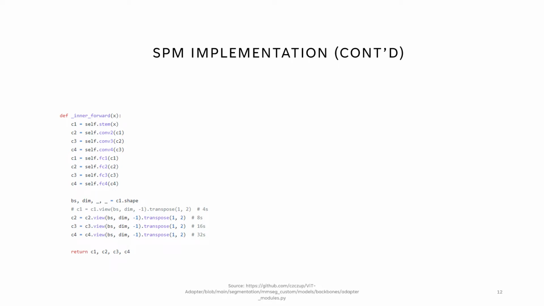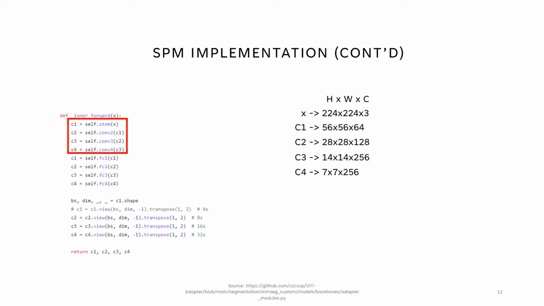Say the input x is 224 by 224 by 3. The first set of computations is the stem module, which creates a feature of 1/4 the resolution. Tensor C1 will have a shape of 56 by 56 by 64 channels.